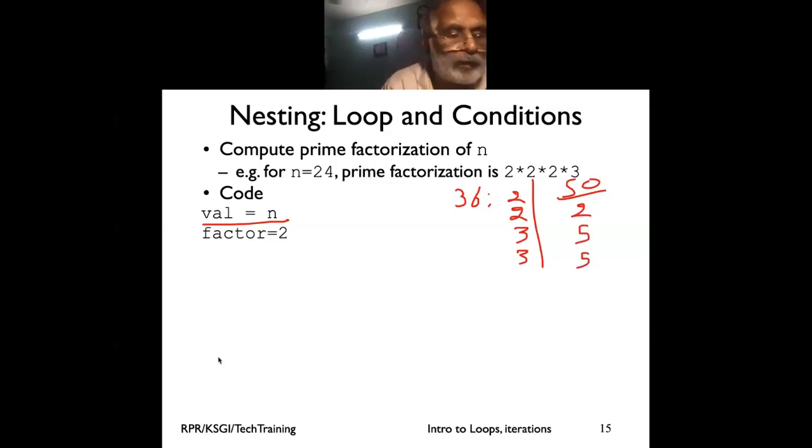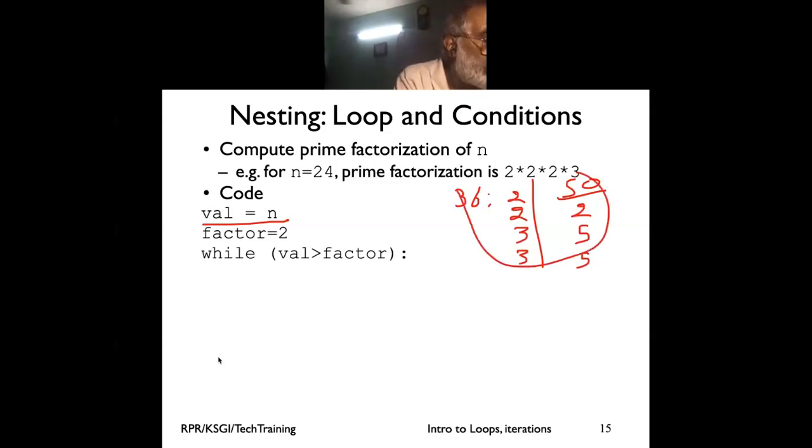These are the prime factors I want to print. And let's say my value happens to be 53. There is no prime factor other than itself, so I should print 53 itself, because it's a prime number.